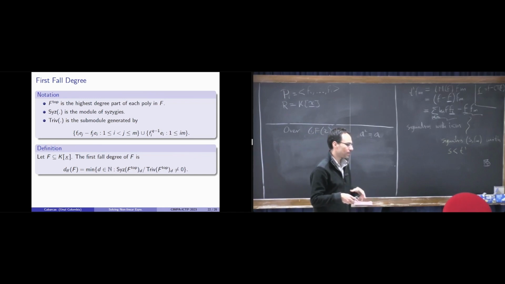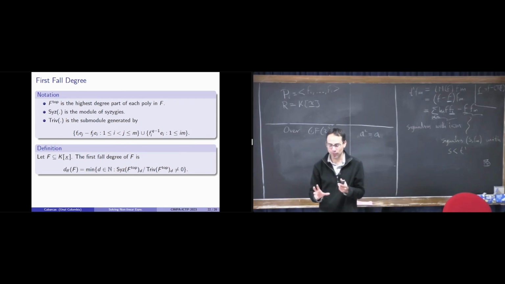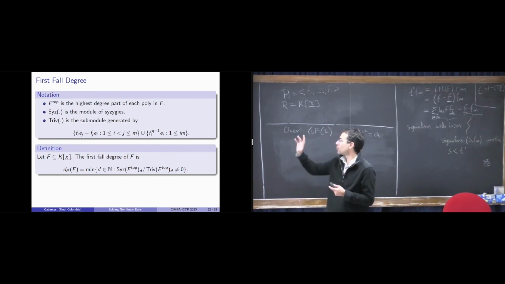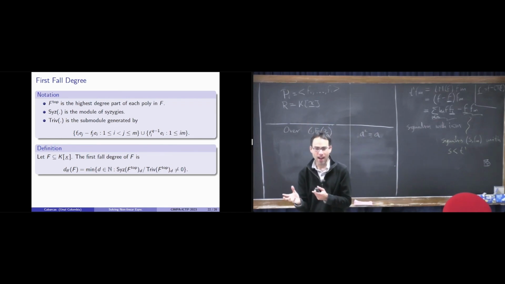It's often, I'm not even going to say a conjecture because it's not true in general, this notion of first fall degree is used as an estimate for where you're going to find a Gröbner basis.